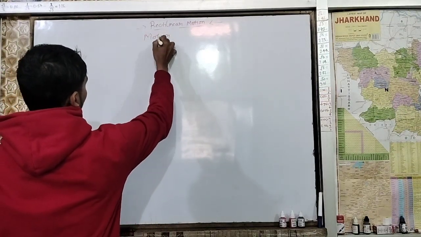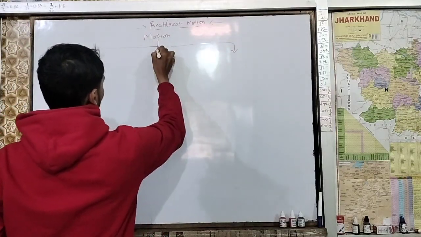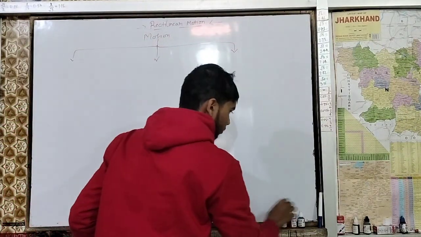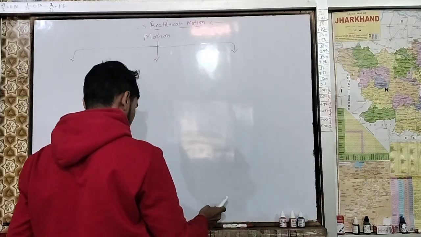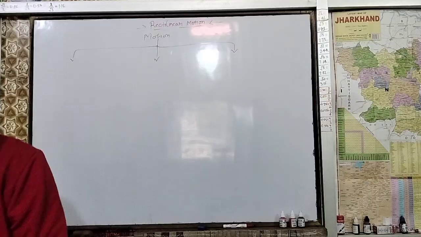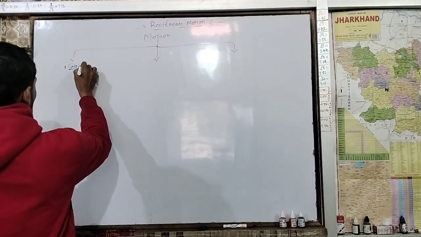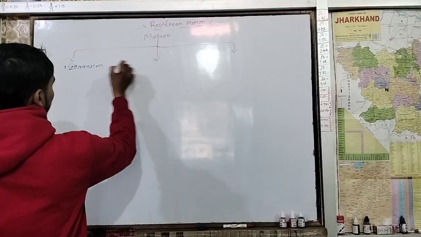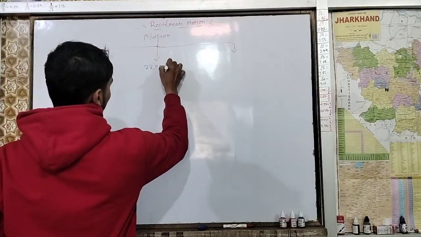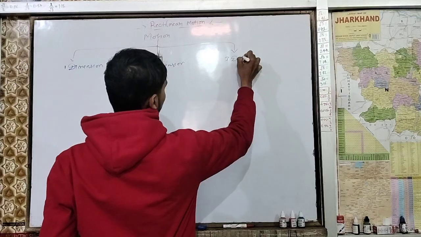Remember, motion can be classified into three categories. First will be 1D, 2D, and third will be 3D.